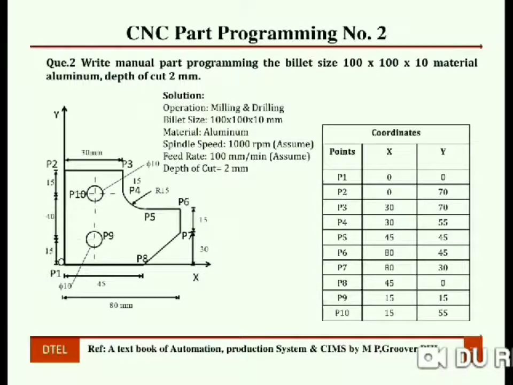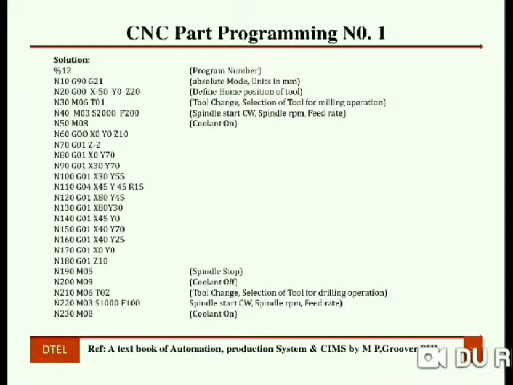Z must initially be at some distance above the workpiece. You can take Z5, Z10, Z20. So in our program we have taken G00, X0, Y0, Z10, that is 10 mm above the workpiece. Then N70, G01, Z minus 2. You have to take the initial depth of cut.